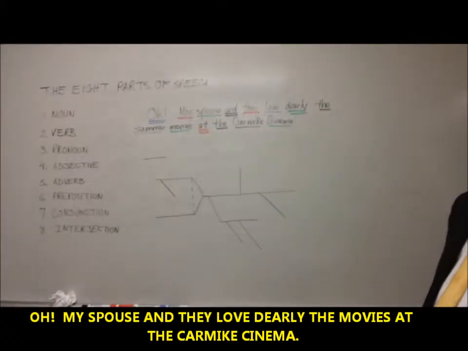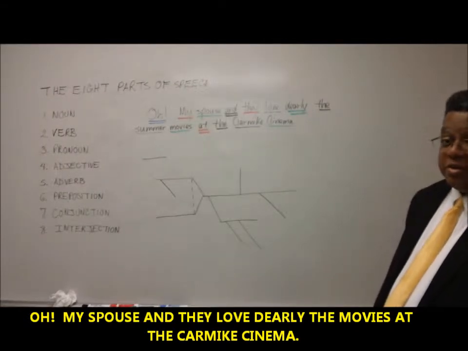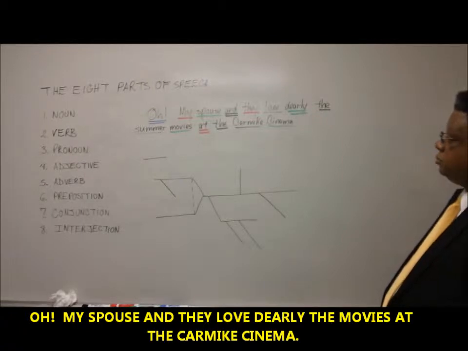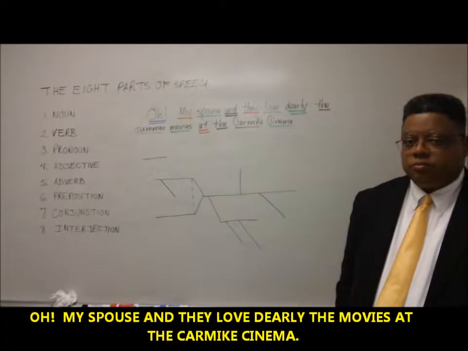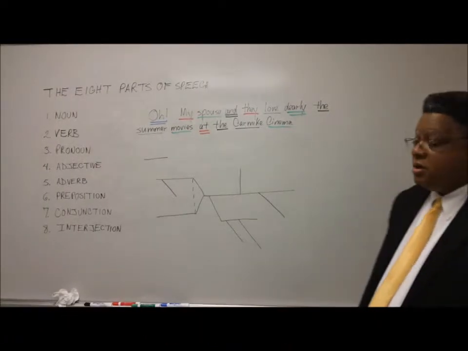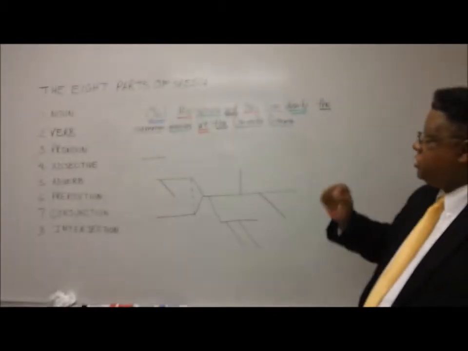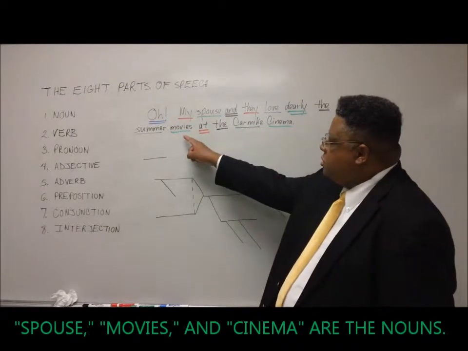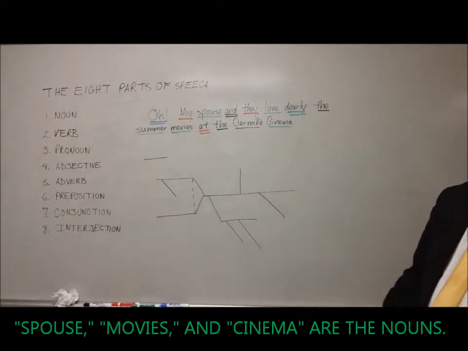How many nouns are in the sentence? If you guessed that there are 3 nouns in the sentence, you're correct. The 3 nouns are underlined once in green. The nouns are the words spouse, movies, and cinema.